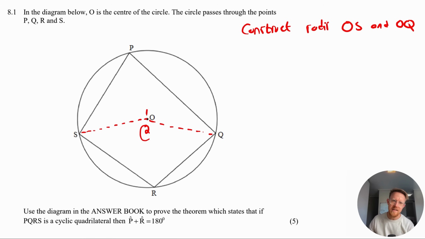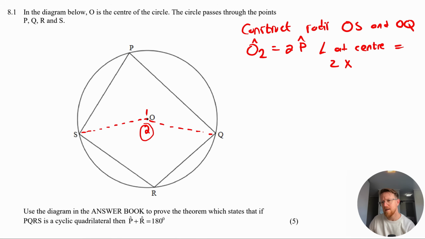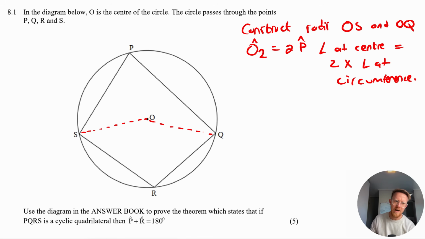So we can say that O2 is going to be double the angle P. So we can say that O2 is going to be 2 times angle P, and that is because of angle at center equals 2 times angle at circumference.